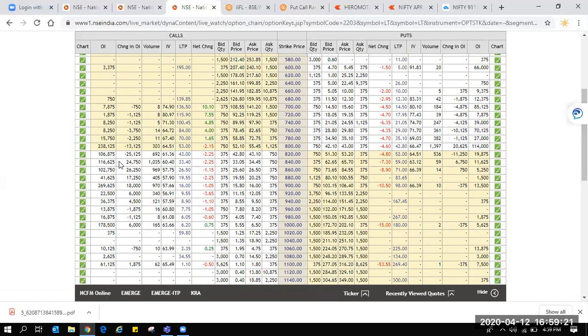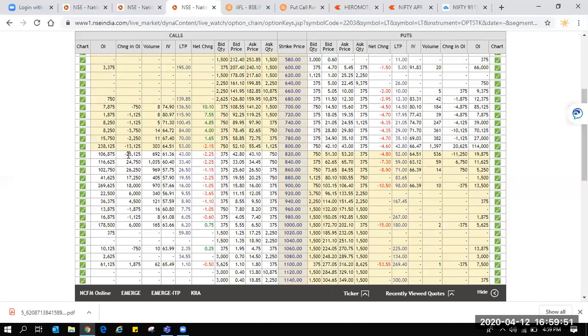Again, if you go to the resistance, we will see that 900 will not be crossed. Second resistance is coming at 840. Now, guys, if you remember, on Thursday, L&T opened around 836 or something, and it has not closed above or crossed, and it has gone down, retraced below.